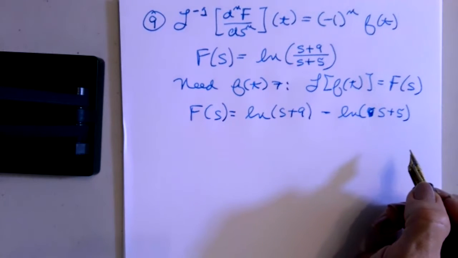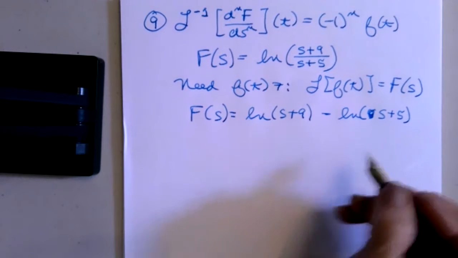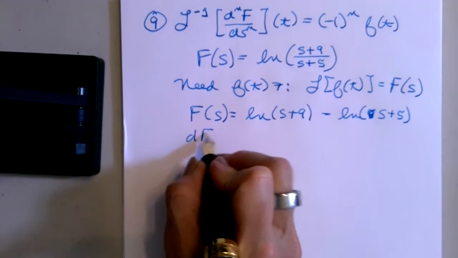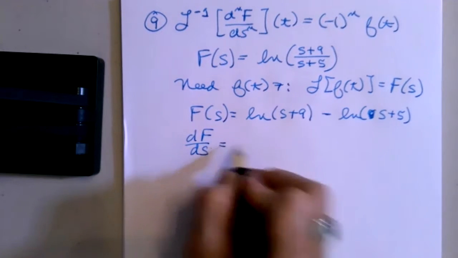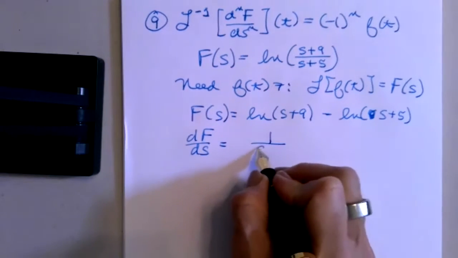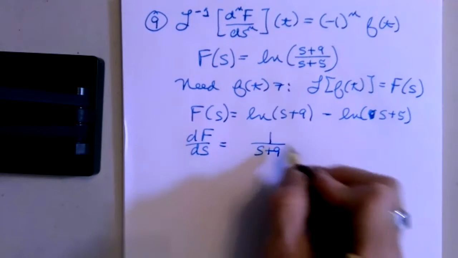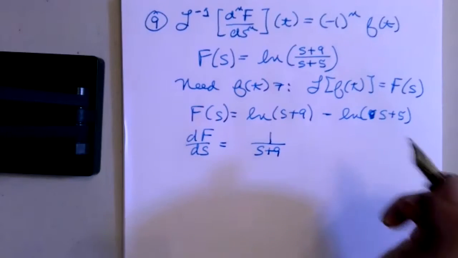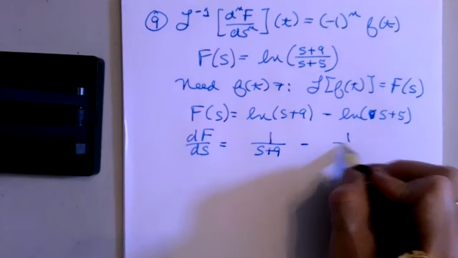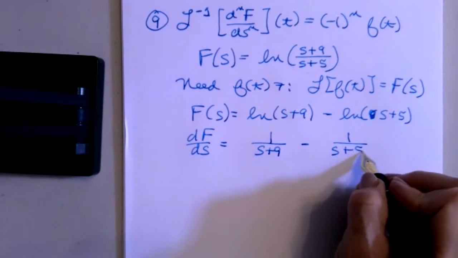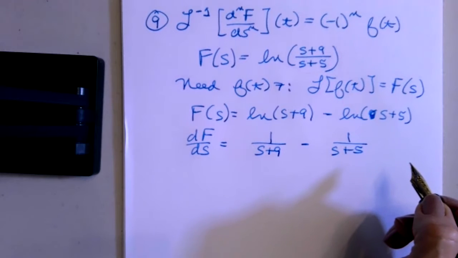So if you differentiate capital F with respect to s, you get 1 over s plus 9 times the derivative of s plus 9 with respect to s, which is just 1, and then minus 1 over s plus 5.